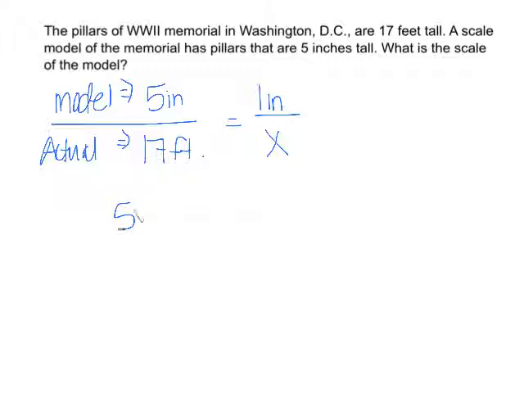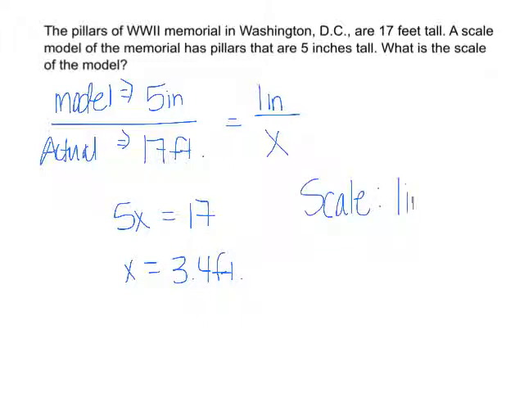I'm going to get that 5x equals 17. When I divide by 5 on both sides, I get that x equals 3.4 feet. So my scale ends up being that 1 inch on the model is equal to 3.4 feet on the actual pillar.